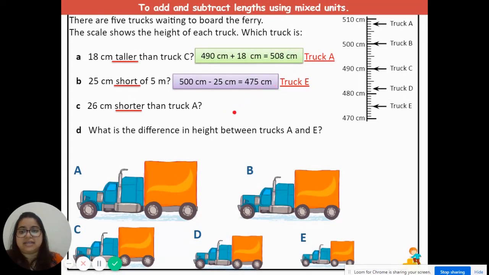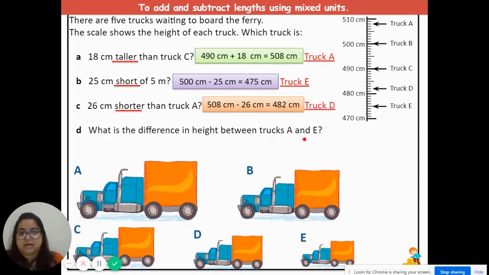So 508 centimeters minus 26 centimeters will give me the height of the other truck. So the answer is 482 centimeters. Let's find out where is that truck. So 480 centimeters is here, 481, 482. So the truck is truck D.